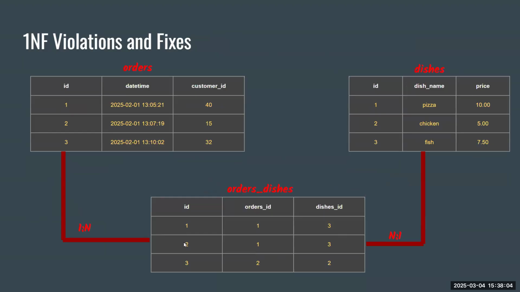So presumably, let's say our customer accidentally ordered 2 fish orders, which are represented by ID rows 1 and 2 in the join table. They accidentally clicked the order dish twice and want to remove the second order. Well, now the software knows that it should just eliminate row 2 in the orders dishes table. Easy peasy.